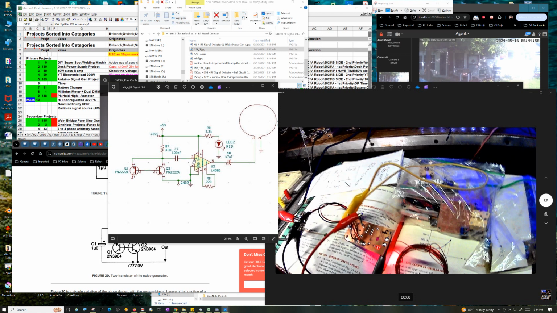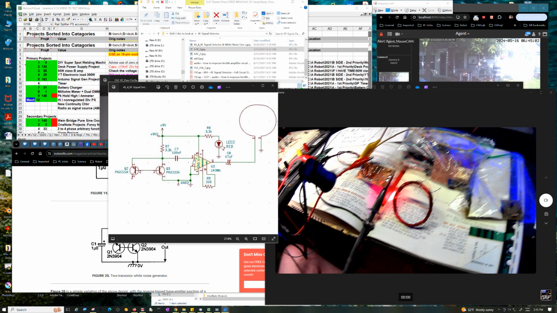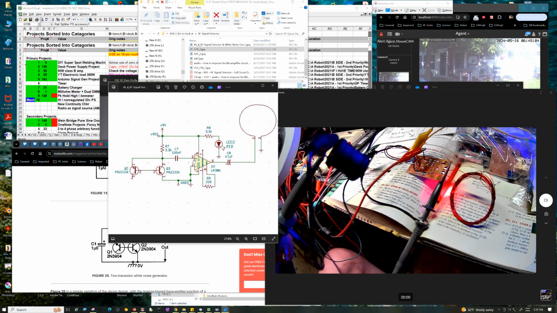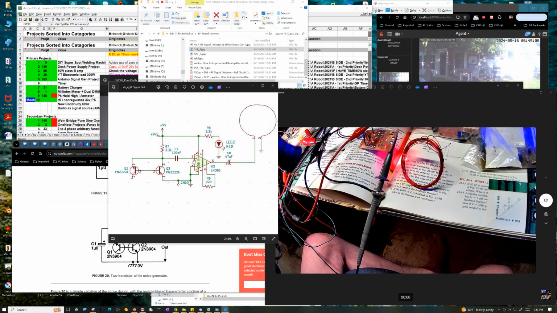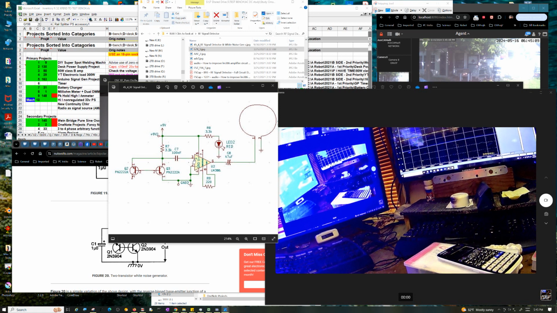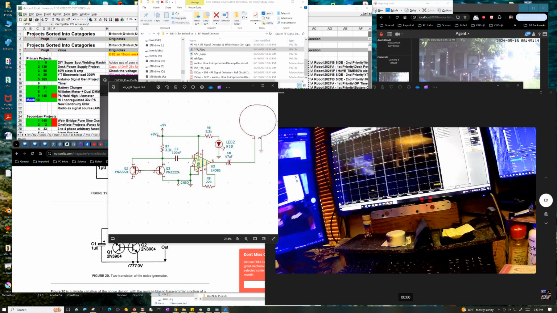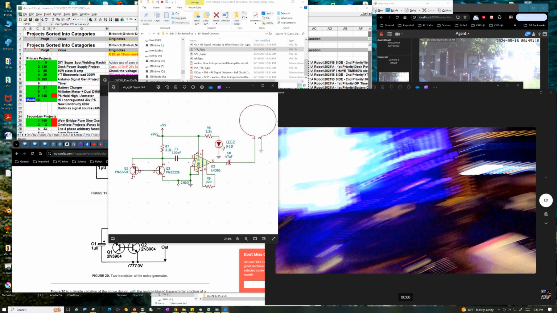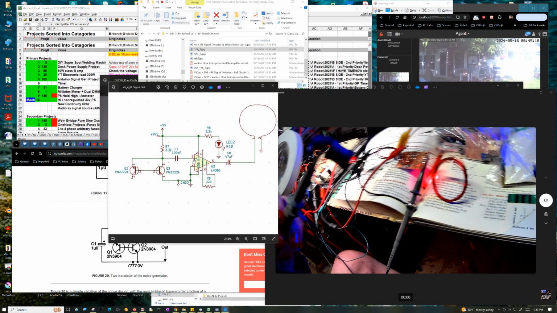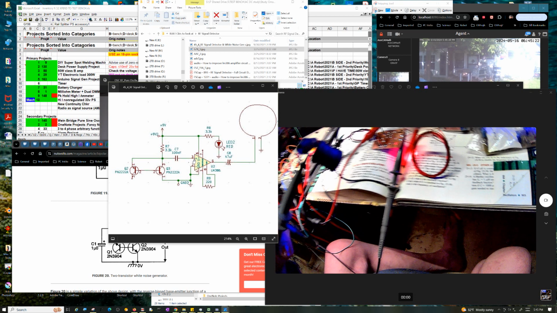But now let me do the coil thing, and you can already see, even though I'm pretty far away from the coil, I'm already starting to pick up. And I've got my scope set to 500 millivolts per division. Even at this distance, I'm picking up on it quite a bit.